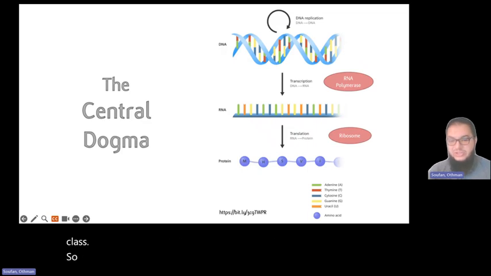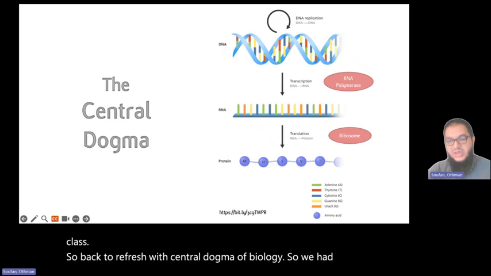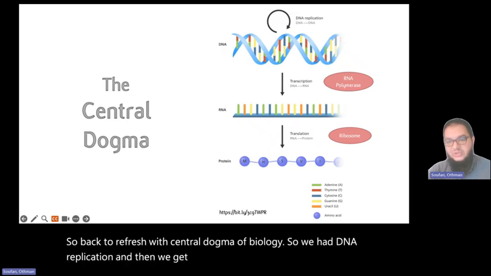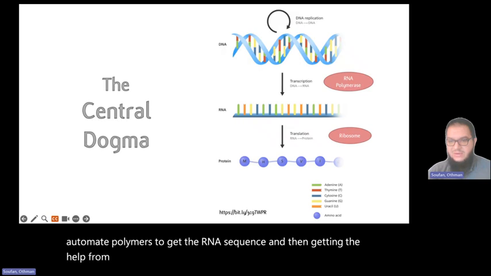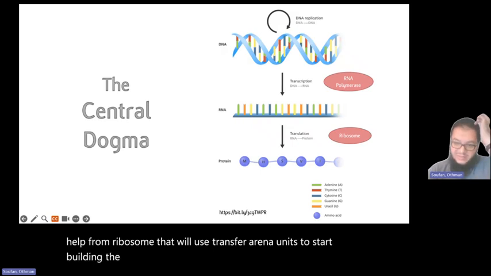So back to refresh with the central dogma of biology. We had DNA replication, and then we get transcription through the help of RNA polymerase to get the RNA sequence, and then with the help of the ribosome, which uses transfer RNA units, we start building the amino acids, and so we get the protein.